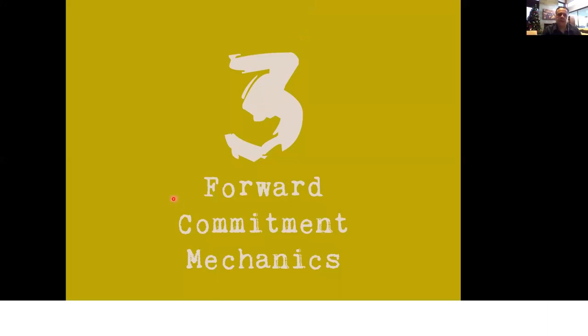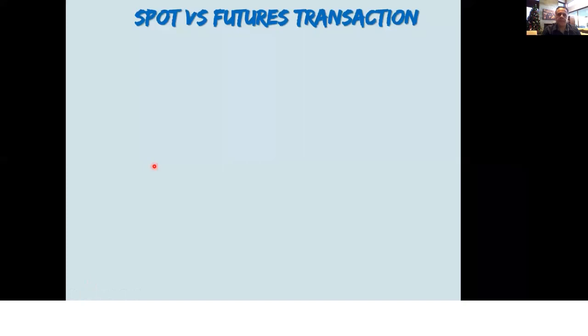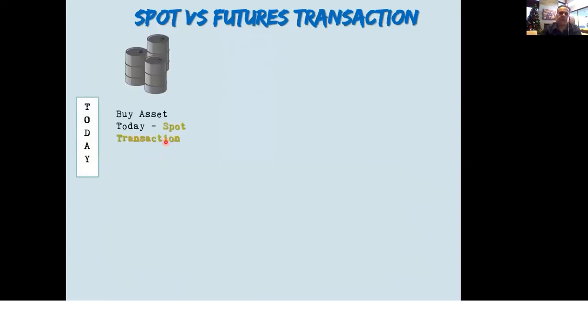Let's take a look now at the basic mechanics of how a forward commitment works. So let's analyze a spot versus a futures transaction. In a spot transaction, you will buy the asset today.